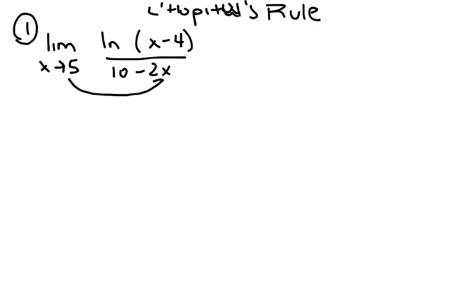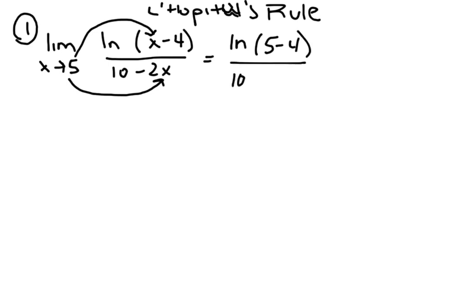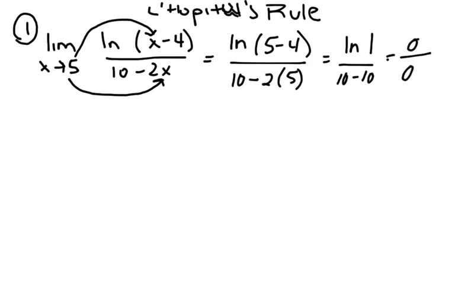So plug in the 5 for both of the x's here in the problem. That's going to give me the natural log of 5 minus 4 divided by 10 minus 2 times 5, which is the natural log of 1 divided by 10 minus 10, which is 0 over 0.